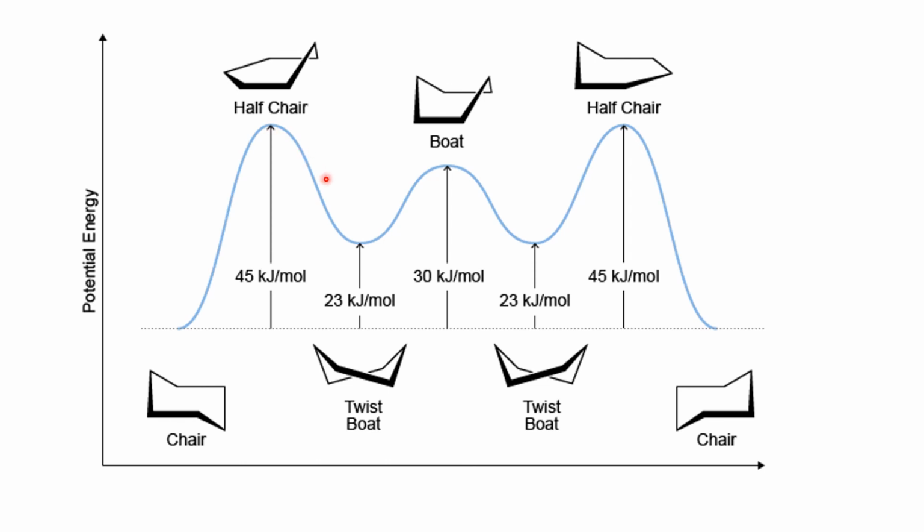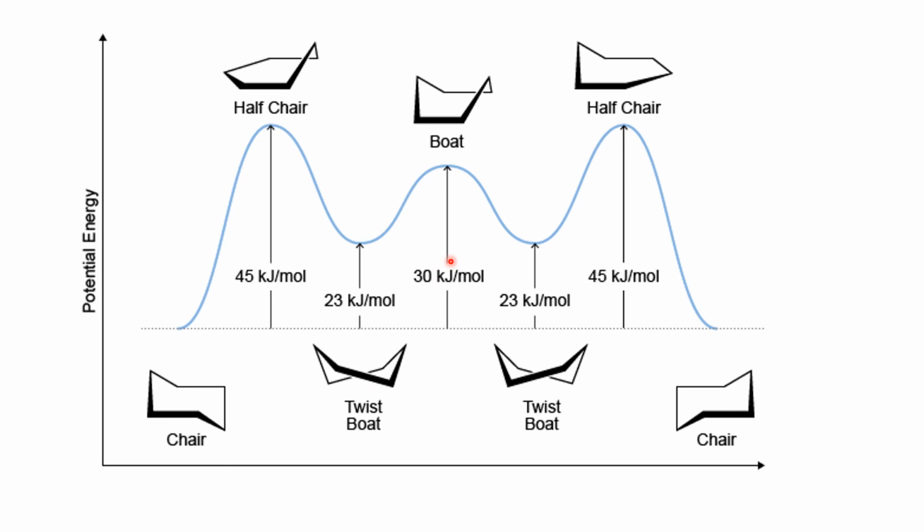Then it moves to a twist boat conformation, which has greater energy than the chair conformation but less energy than the half chair conformation. Then we move to the boat conformation. Basically, the boat conformation has more energy than the twist boat conformation.